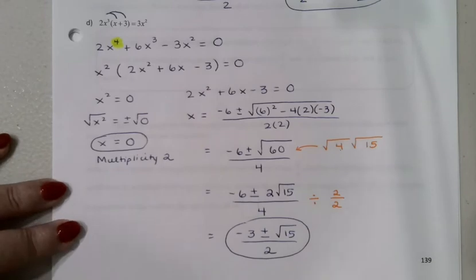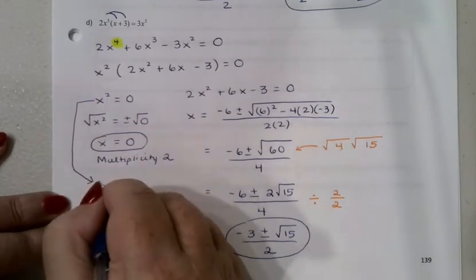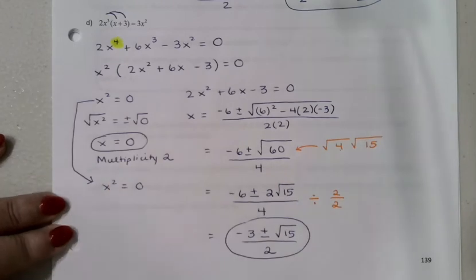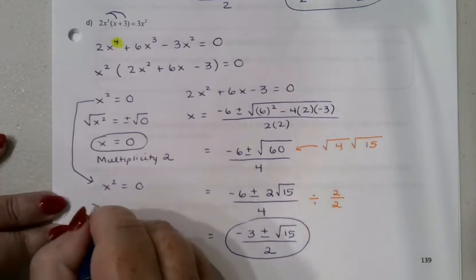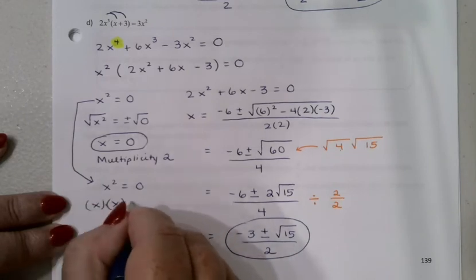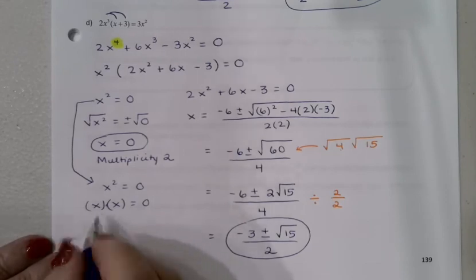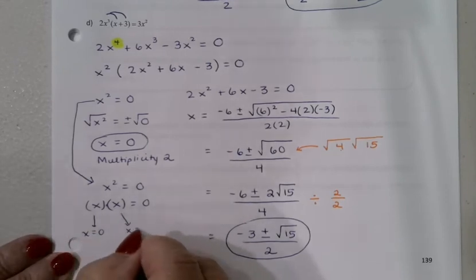And the reason for that is if you think back to when I had x squared equals 0, I could have written that as x times x equals 0, almost like a factoring in a way. And then I would have had the first x equals 0 and the second x equals 0.